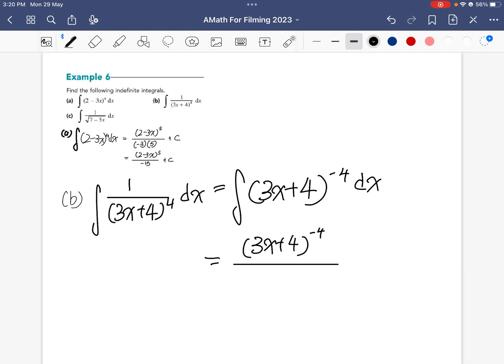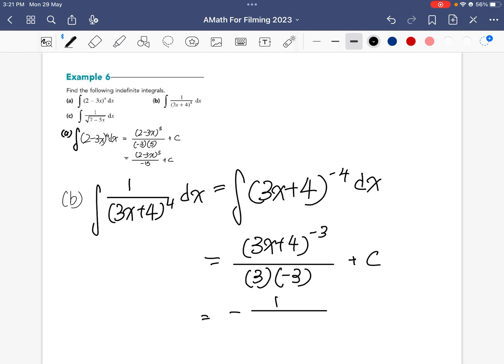First, I differentiate what is inside my bracket. 3x plus 4 differentiated is 3. I divide by 3. Then negative 4, I add 1 to it, giving negative 3. Then I divide by my new index, negative 3. Don't forget my integration constant.